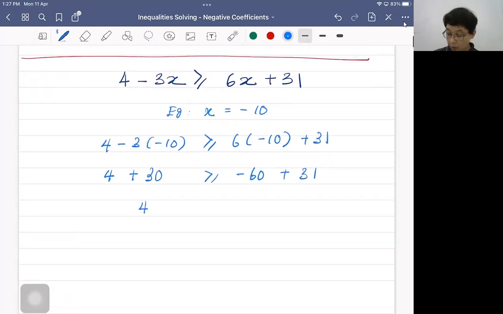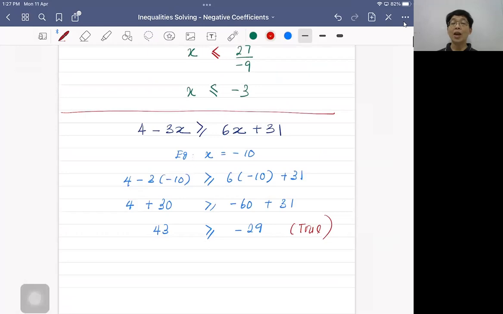Here we got 43, and then minus 60 plus 31, we got minus 29. Is 43 bigger than or equal to minus 29? Of course, this is a true statement.